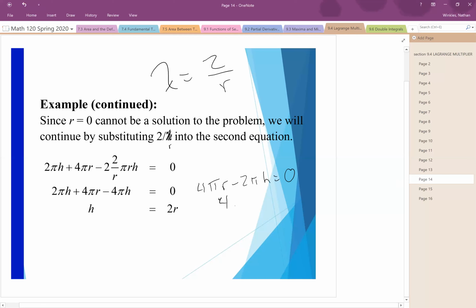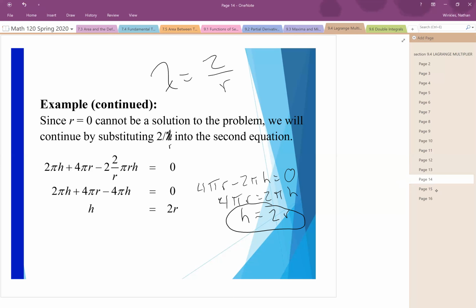So that means that 4 pi r equals 2 pi h. Actually, we're going to solve for h. H equals 2r. We could have solved for r as well. It just would give us a fraction that we don't want to have to worry about, so we want to make it easy. So h is equal to 2r.